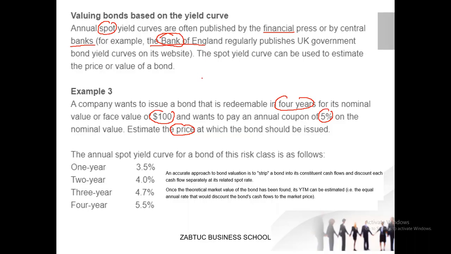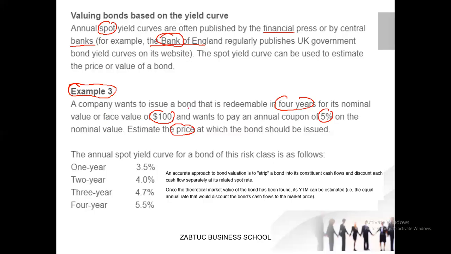But what are we going to discount? Because, one, do we know the yields? What are we going to discount? And this is the question that came in those past papers, that now we must learn how to find the market value in this situation. So how do you find the market value?